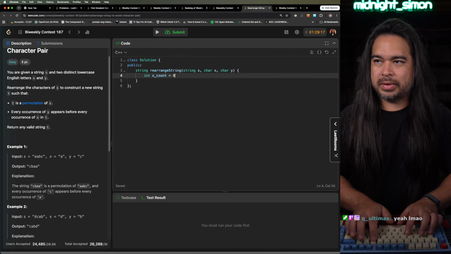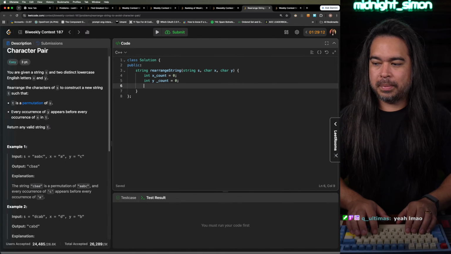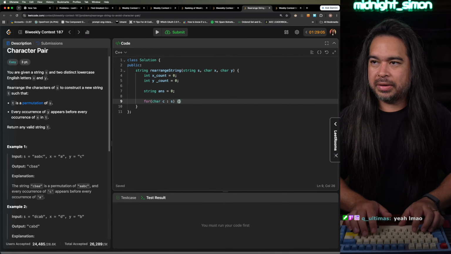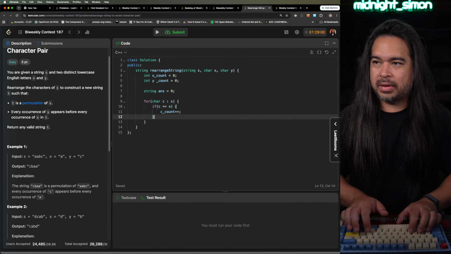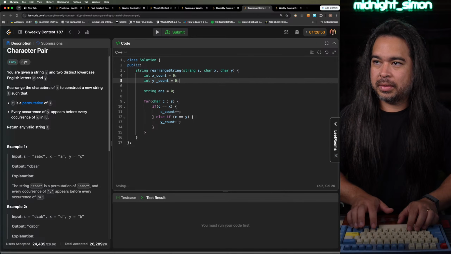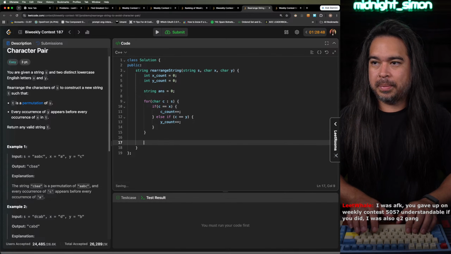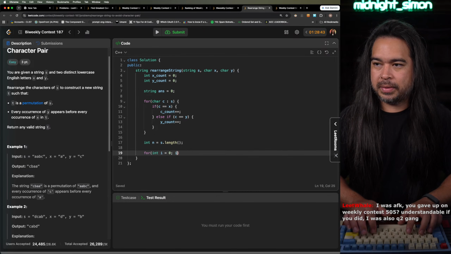X counts, Y counts. So iterate over all the characters, count the things, and then reconstruct.